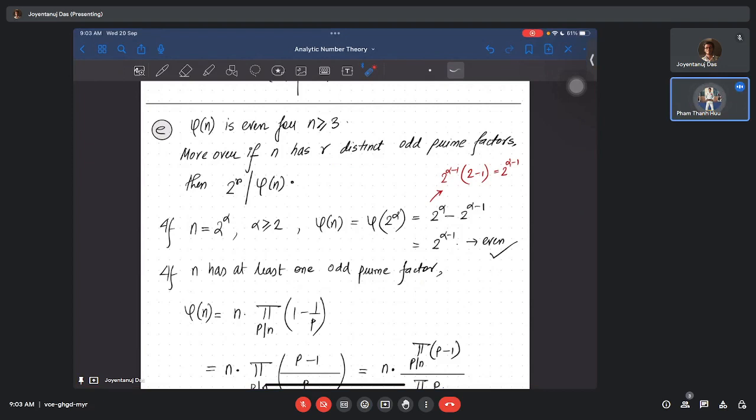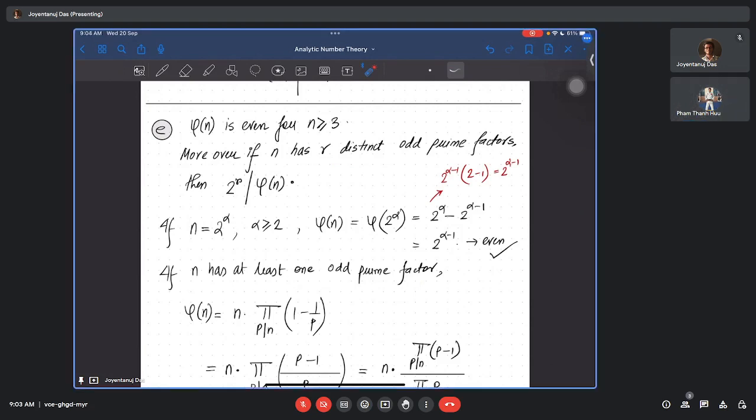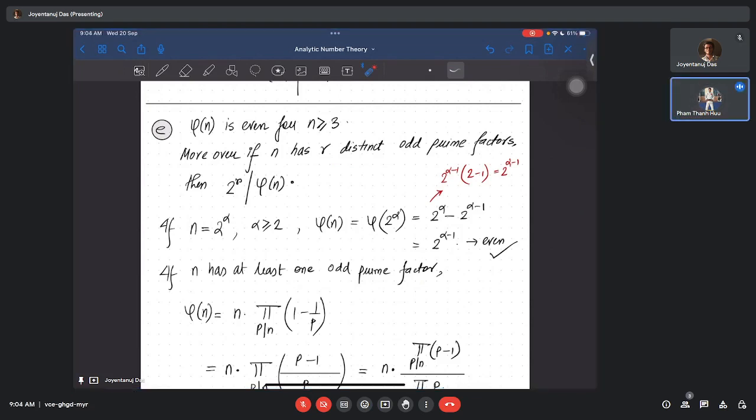For an integer greater than or equal to 3, we have only these two cases.